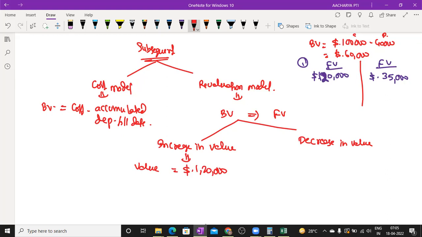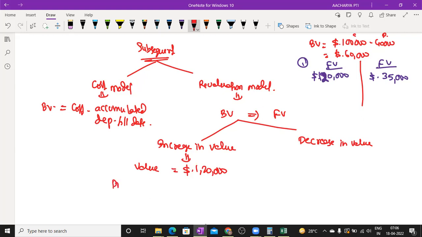That 60,000 is transferred to a separate account called revaluation surplus. In that case, we write the journal entry. First remember that the increase in value is first adjusted to the provision for depreciation. After that, if any surplus is available, only then is that amount transferred to the cost.